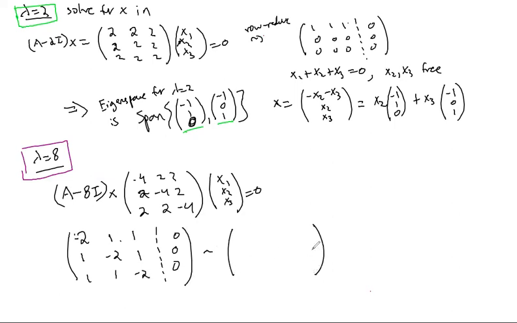And there's a bunch of things we could do. Actually, I don't really want to multiply the first one by a half because I don't like fractions. So instead, I'll not divide the last 2 rows by 2.